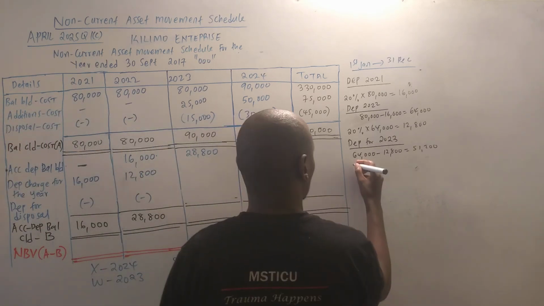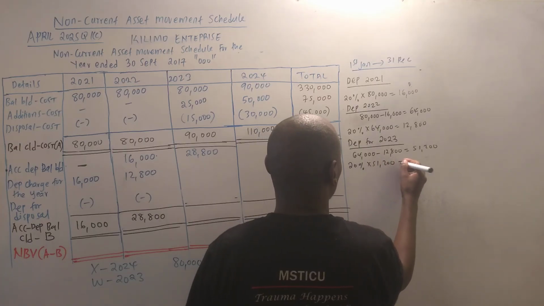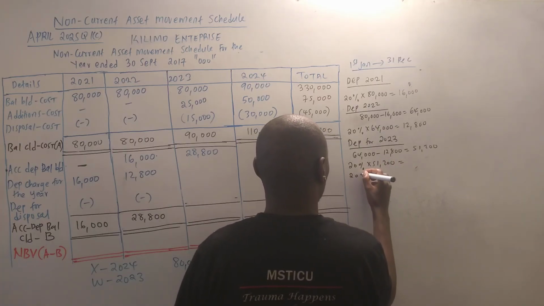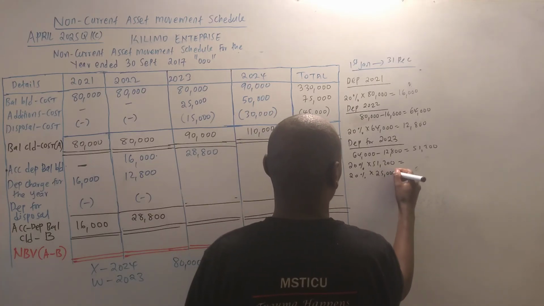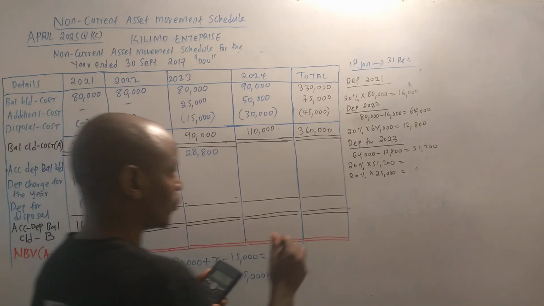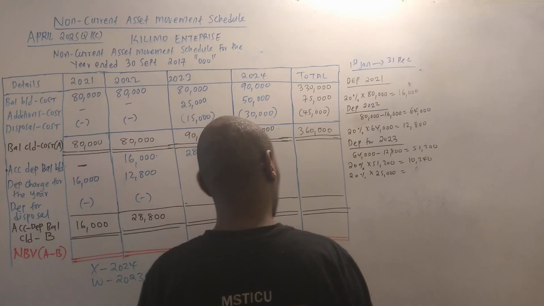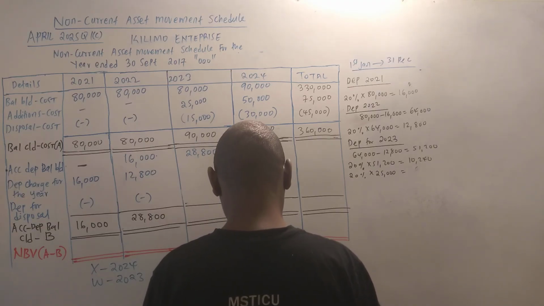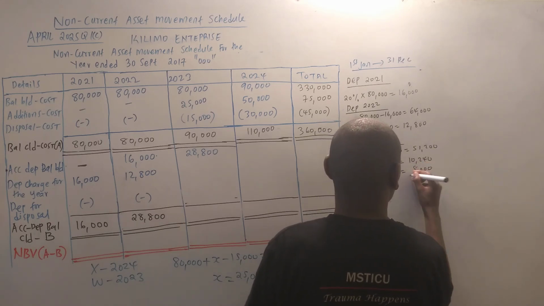So we say 20% times 51,200, and also 20% times the addition of 25,000. 0.2 times 51,200 is 10,240. And then 0.2 times 25,000 is 5,000. So that will give us 10,240.